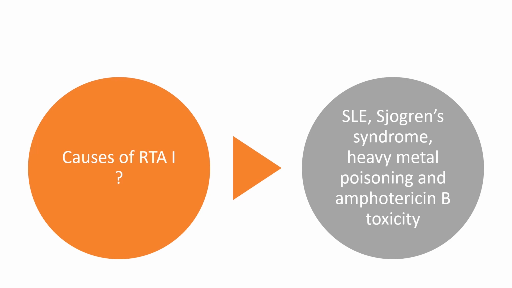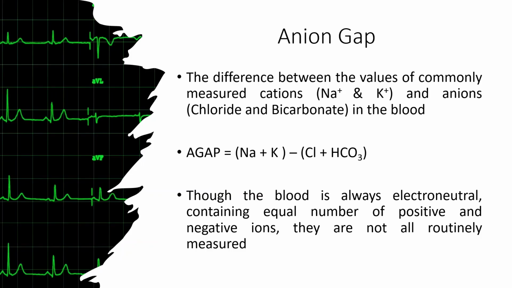Now, talking about anion gap, the blood contains several positive and negative ions, but they are expected to be present in the same quantity in order to achieve electroneutrality. So, if all negative ions are subtracted from all positive ions, the answer should be equal to 0.